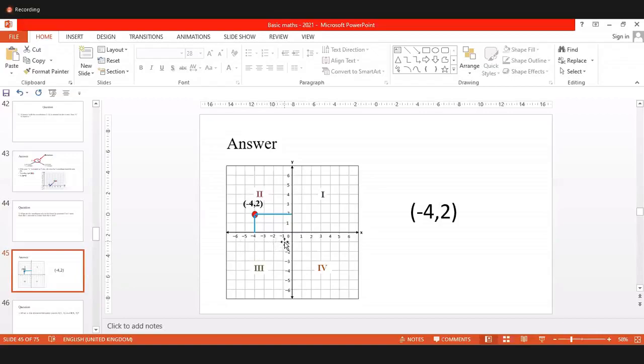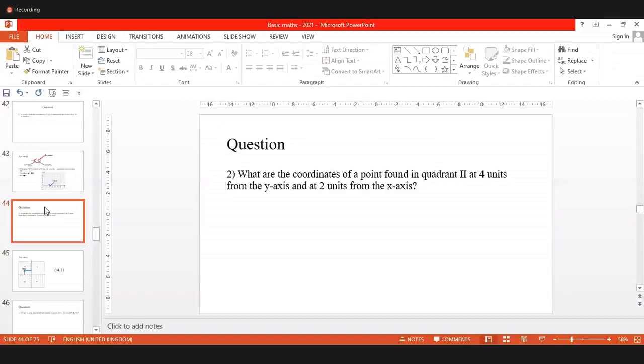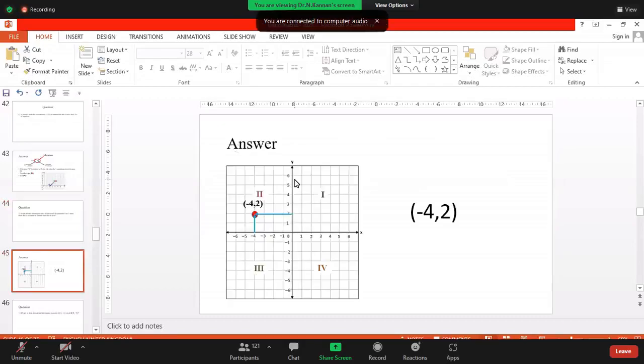Did you understand or not? Okay. Then 2 units from the x-axis.